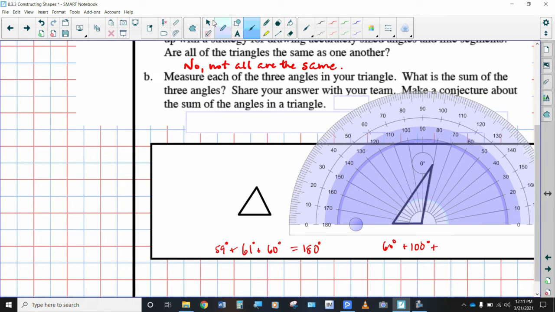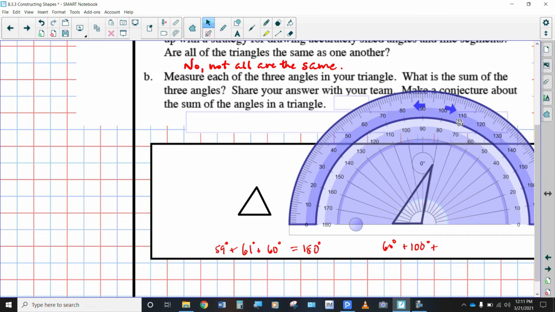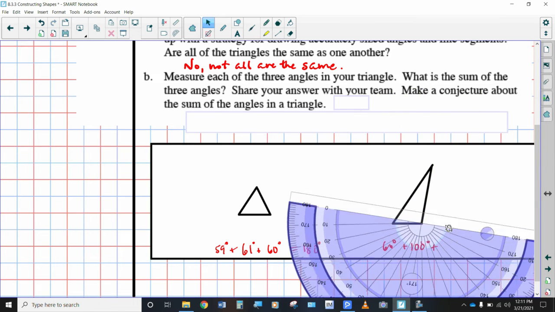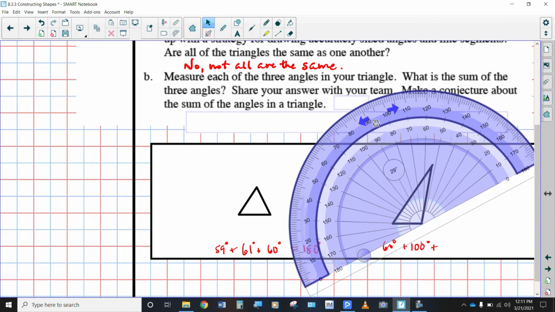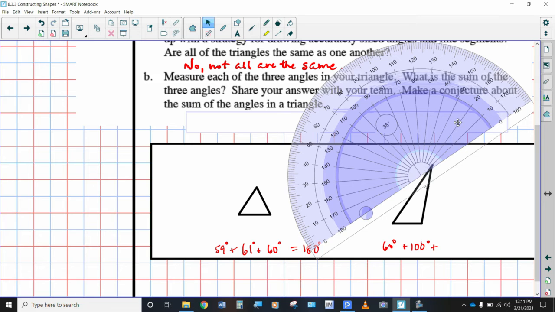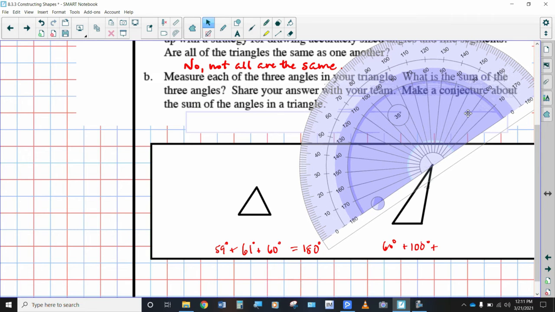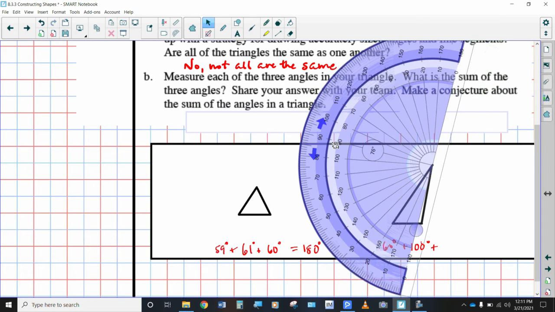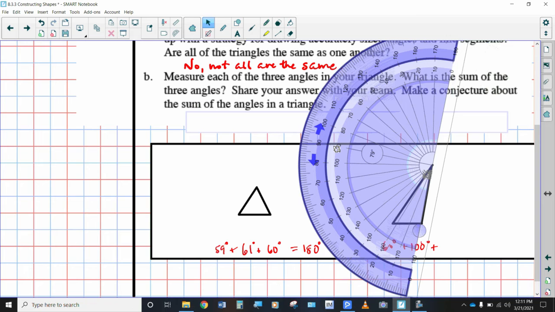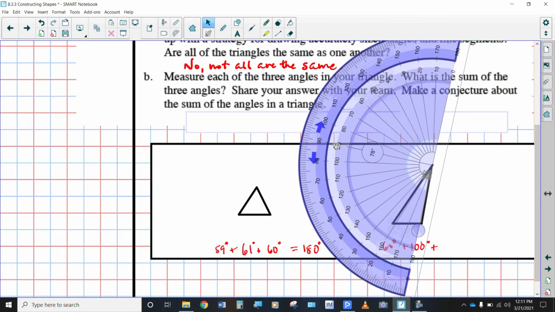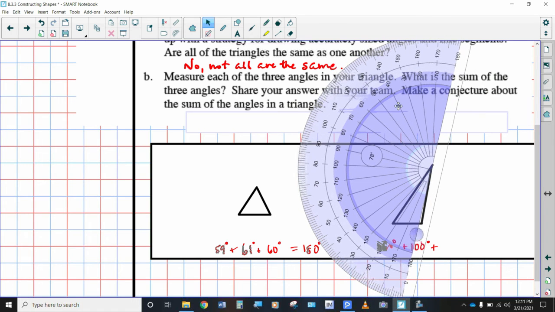And let's see what that last angle measure appears to be. What am I doing? I'm confused. All right, there we go. We're going to put that right there. And now that's what we want to do. Let's see what that is up here to measure. Well, that's about, move it a little this way.